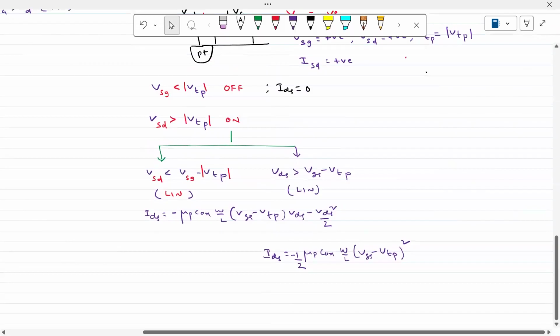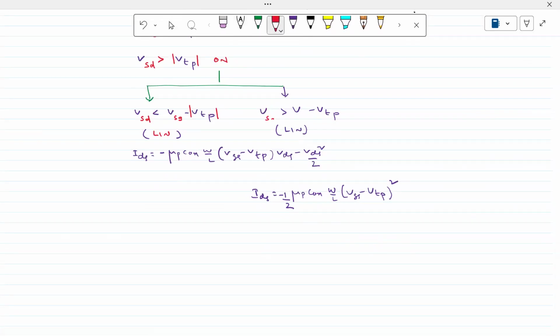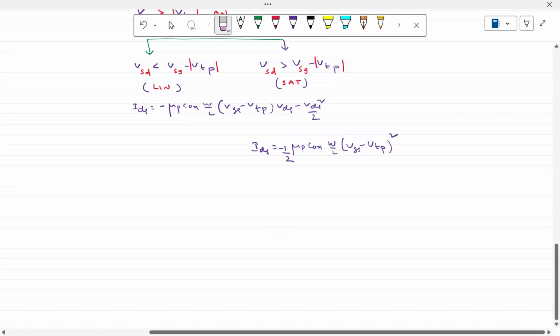Are you getting the point or not? So now what about this one? Here also we can change it to SD, SG, and magnitude. Now it becomes saturation. Now what about here?